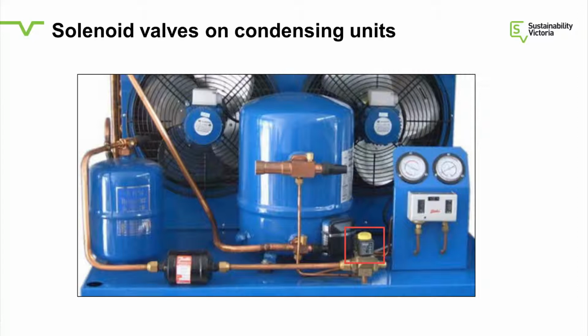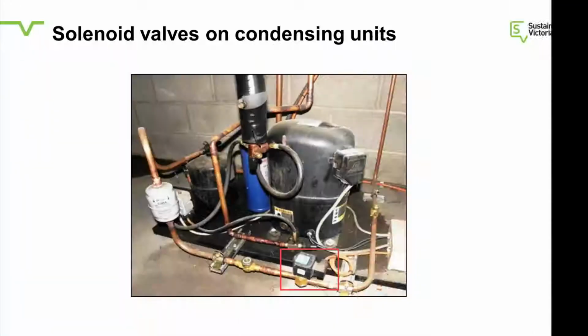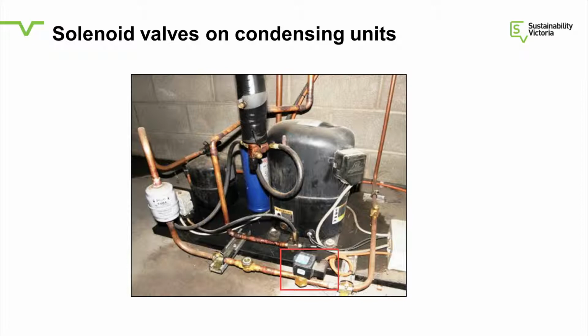But if that condensing unit is 20 meters away, that solenoid valve needs to be relocated, and very often it is not. Here is an example of an installed unit located on the ground. In this case, I know that the cool room is 20 meters away, and yet the solenoid valve is on there. And what you can typically see is condensate forming on your liquid line. And yes, the client is basically paying for cooling the environment in addition to the additional runtime.